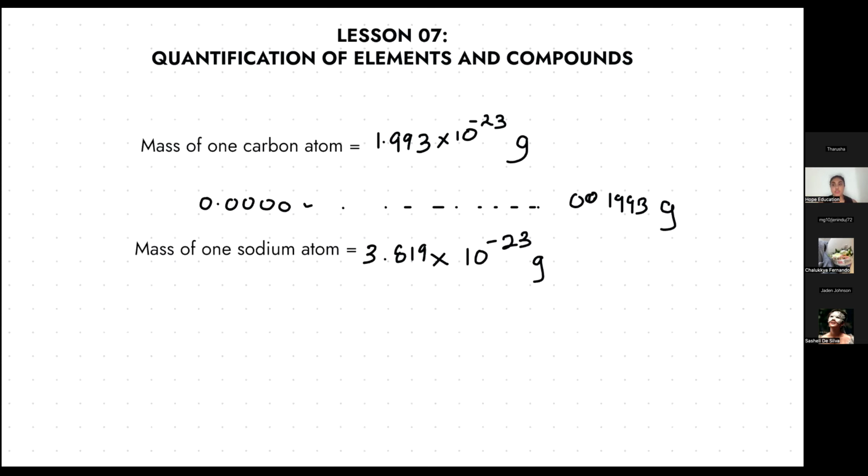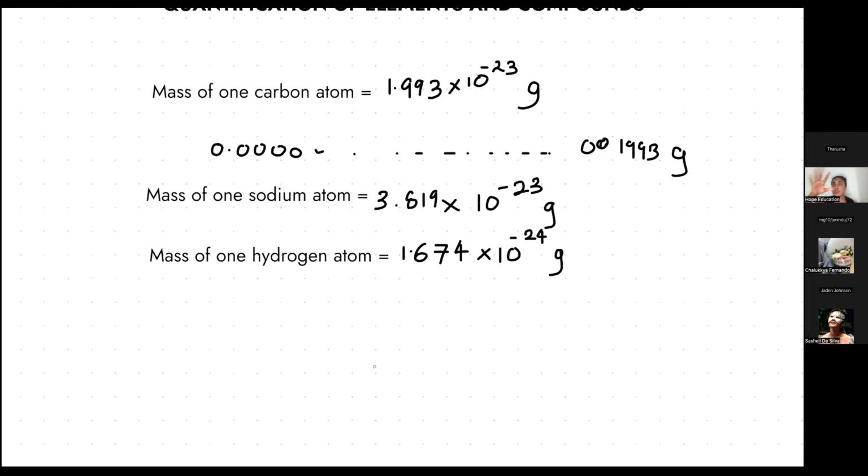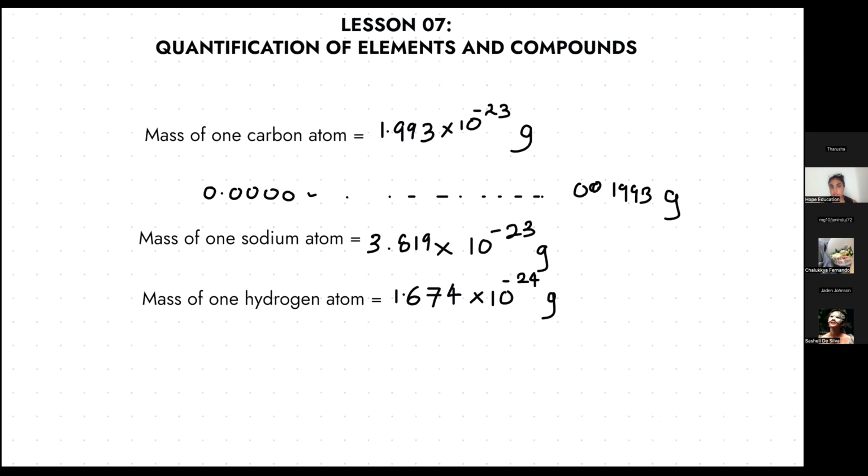And if you take the mass of a hydrogen atom, which is our simplest element, that is 1.674 times 10 to the power minus 24 grams. So these values are extremely small.